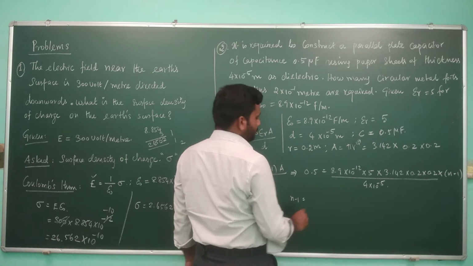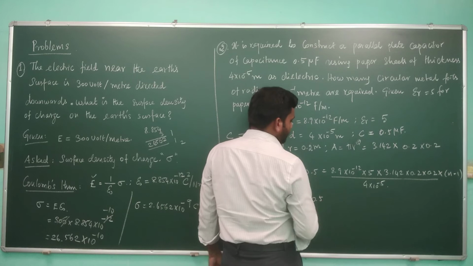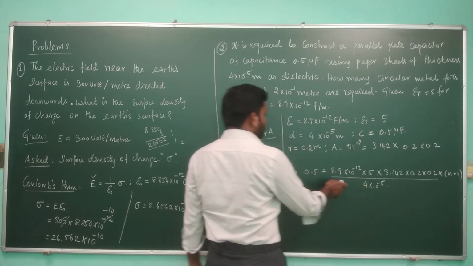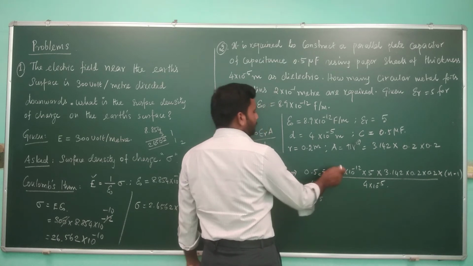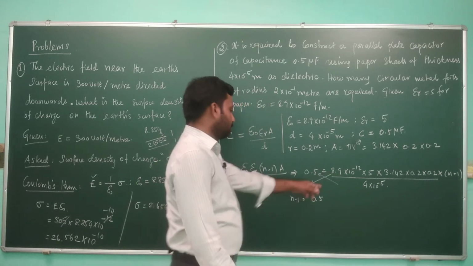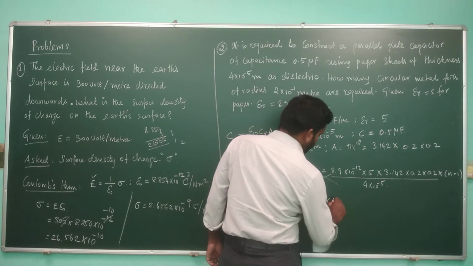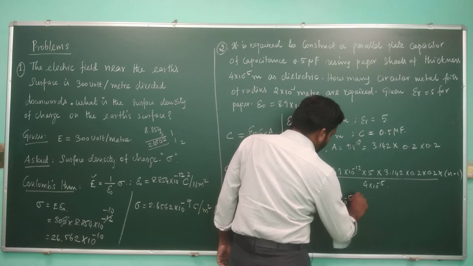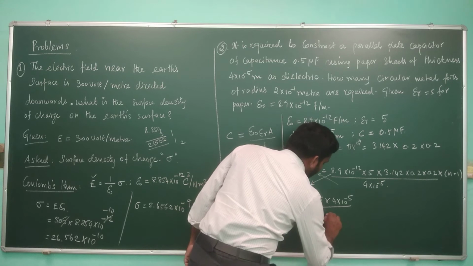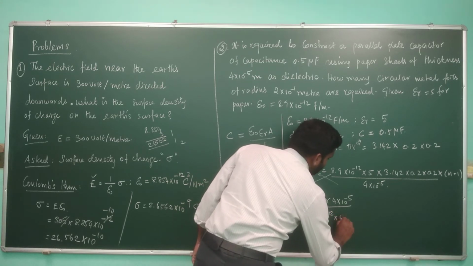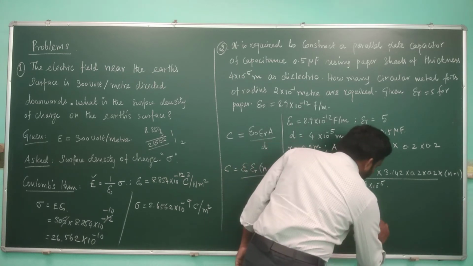For that we can write 0.5, and the denominator of the right hand side will come to the numerator, and the numerator of the right hand side will go to the left as denominator. So 0.5 into 4 into 10 power minus 5 divided by 8.9 into 10 power minus 12 into 5 into 3.142 into 0.04.